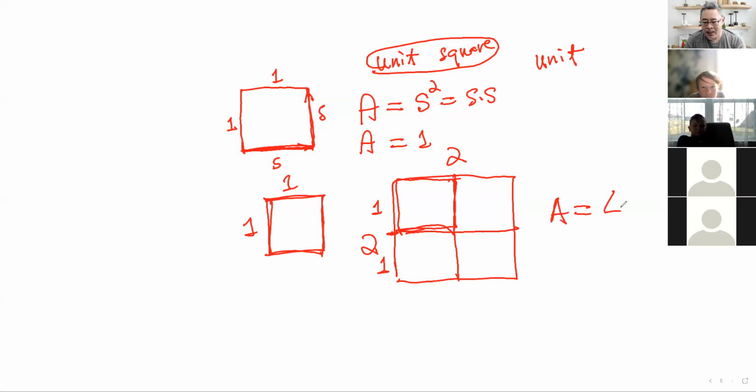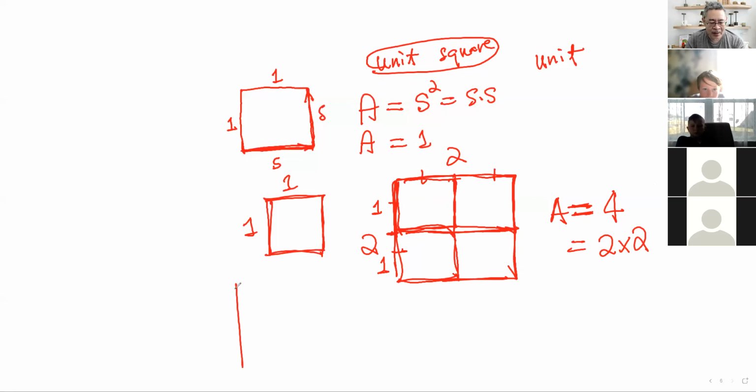But we notice that what we did here is we got 1, 2 this way and 1, 2 that way. So that actually is 2 times 2. Which is what we have for 4.